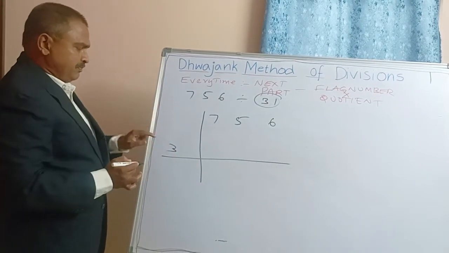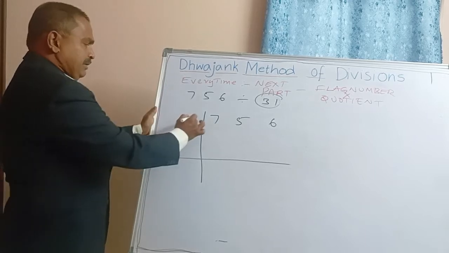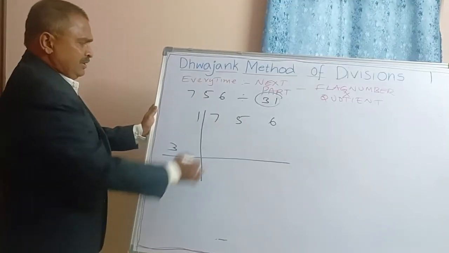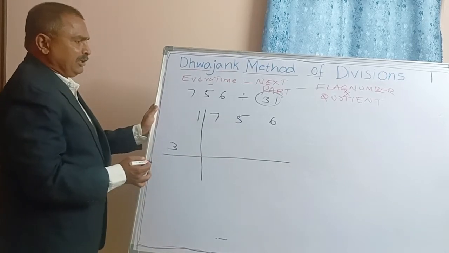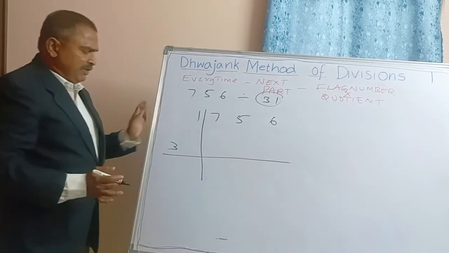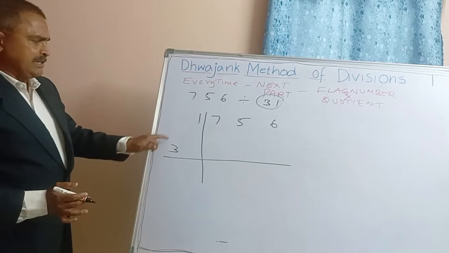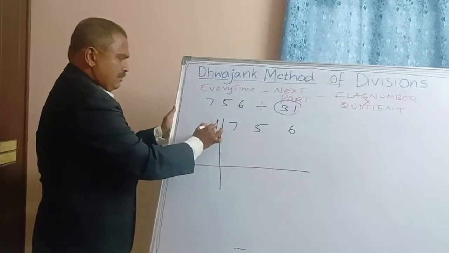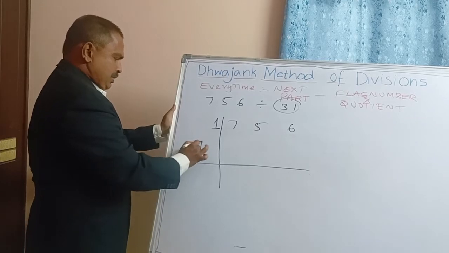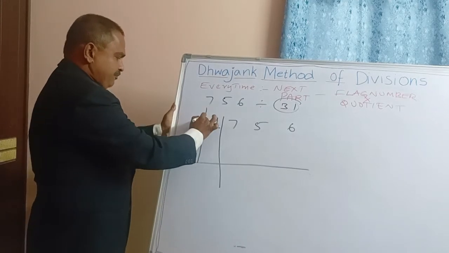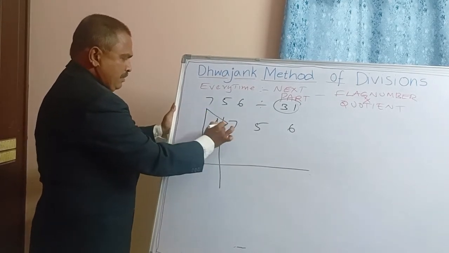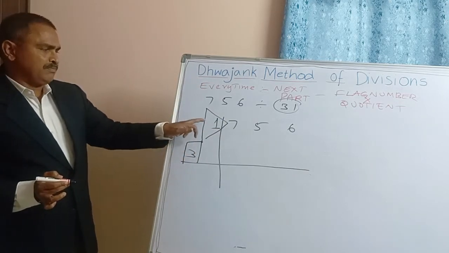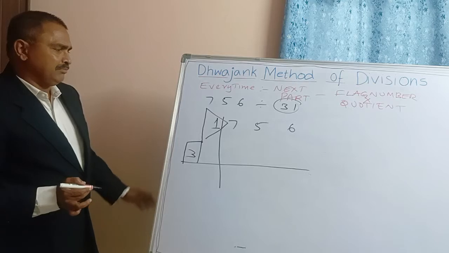Write like this: 3 is the base number, 1 is the flag number. In 31, 3 is the base number, 1 is the flag number. You can remember this with the help of this diagram.